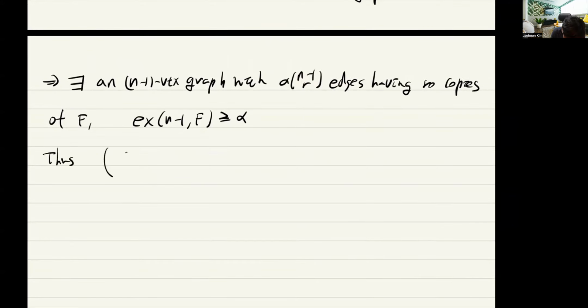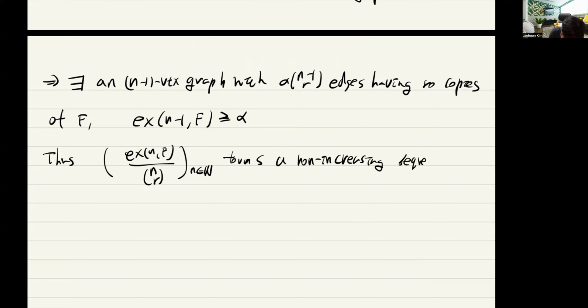Thus this sequence forms a non-increasing sequence of real non-negative numbers.